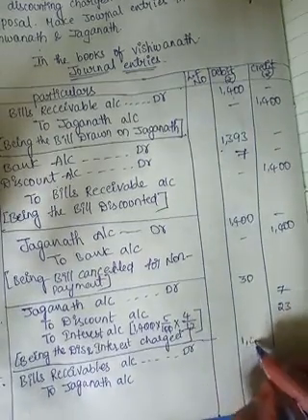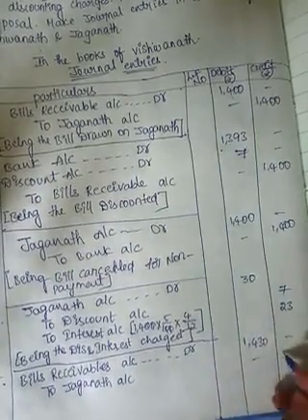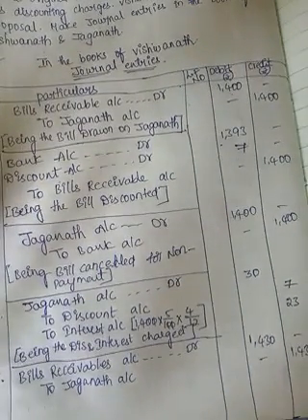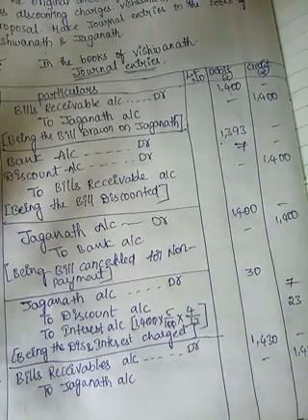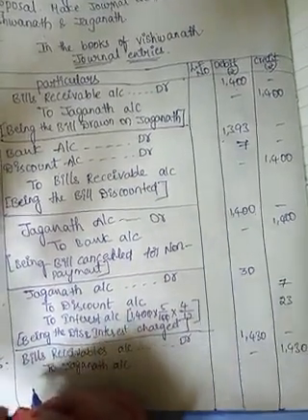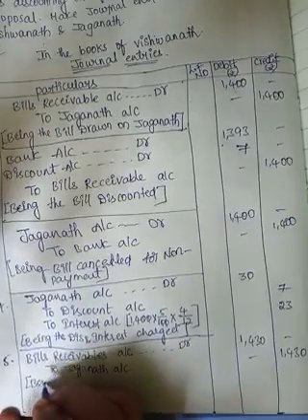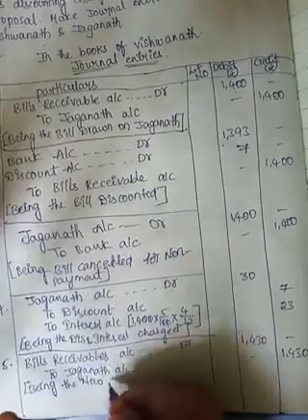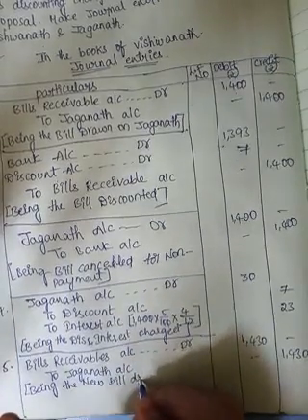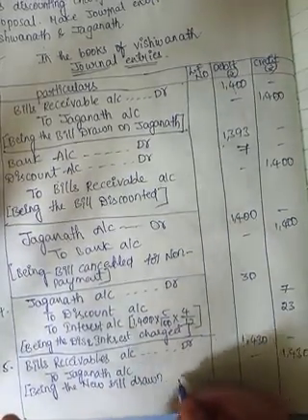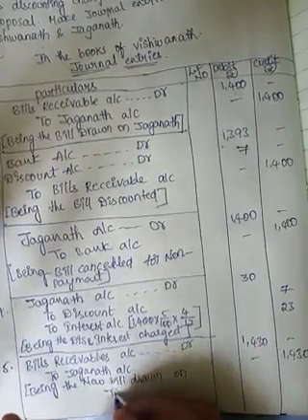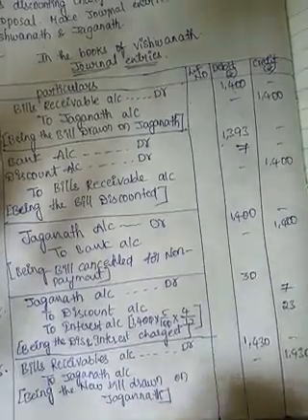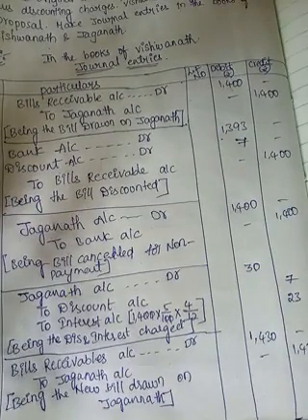So total is 1430 and 1430. Narration is being the new bill drawn on Jagannath.